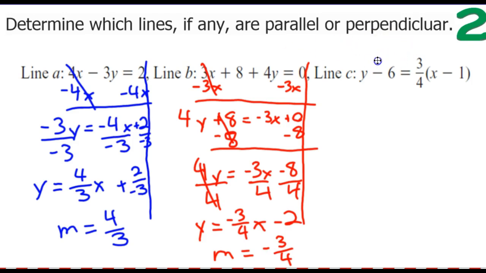Last one. This is in point slope form, so we need to distribute our 3/4. So we have y minus 6 equals 3/4 x minus 3/4. We're going to add 6 to both sides.